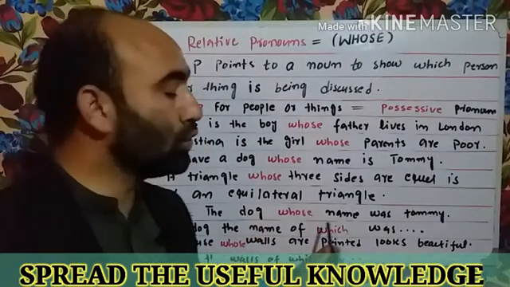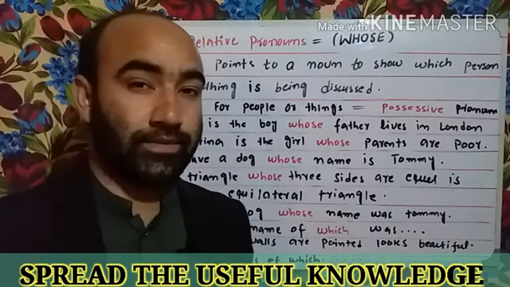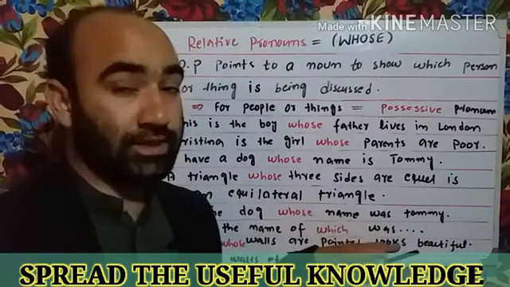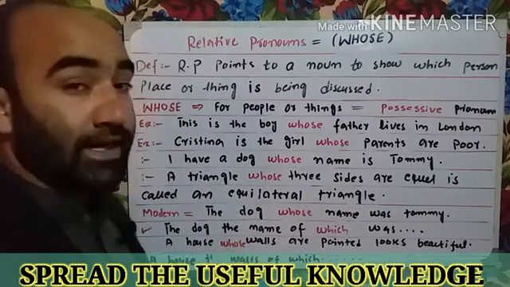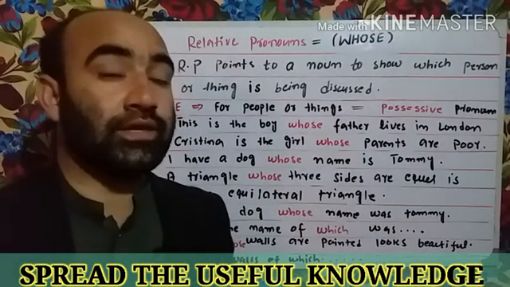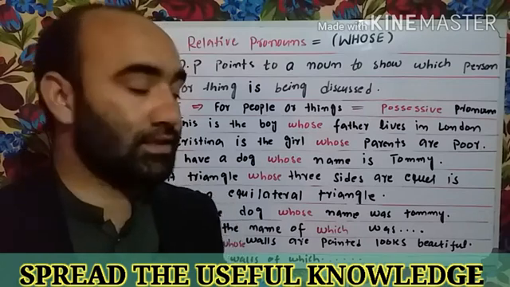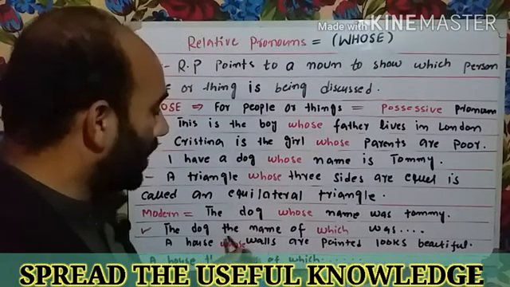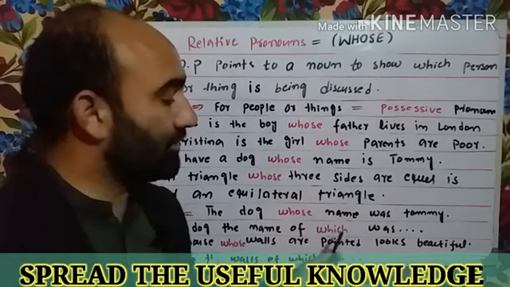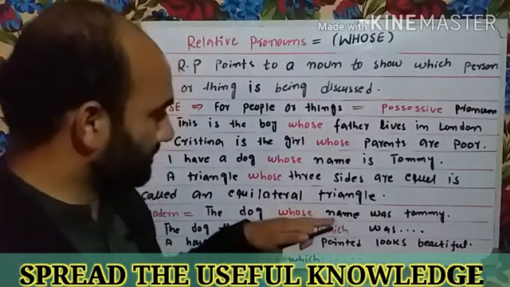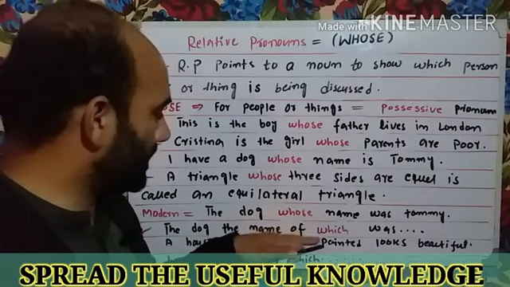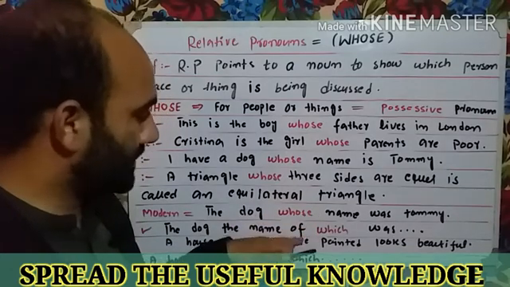The dog whose name was Tommy. Although it shows the relationship, instead of this, you can use another sentence also: the dog, the name of which was Tommy. Why do I use whose and which?